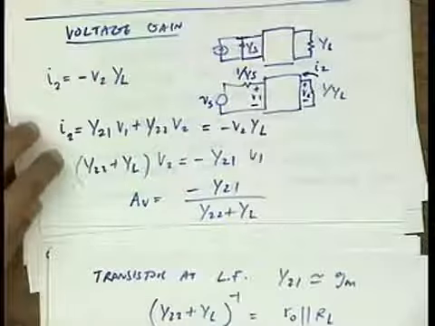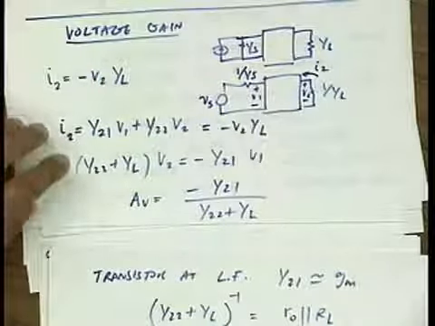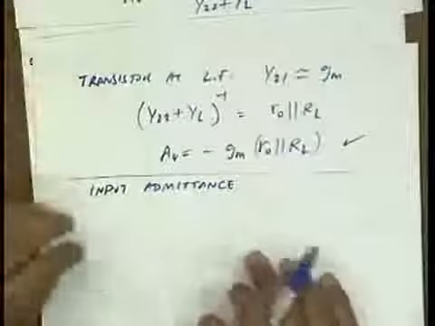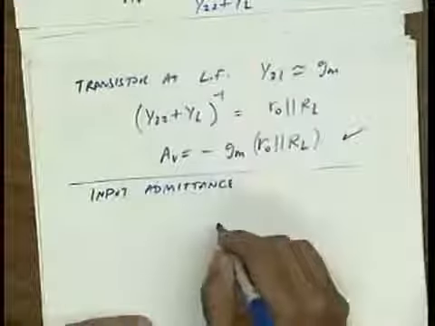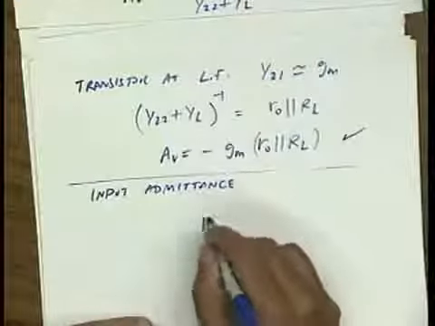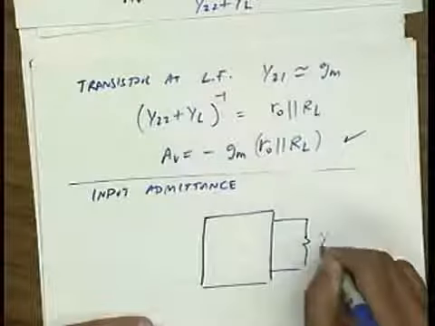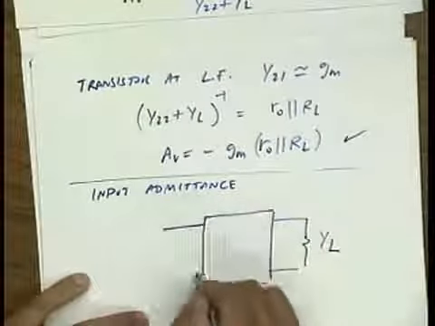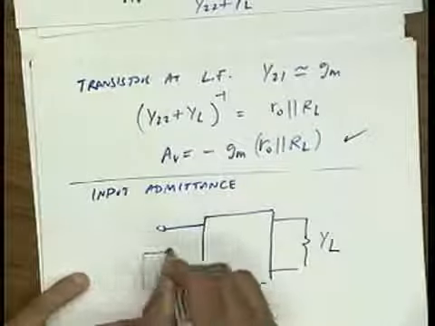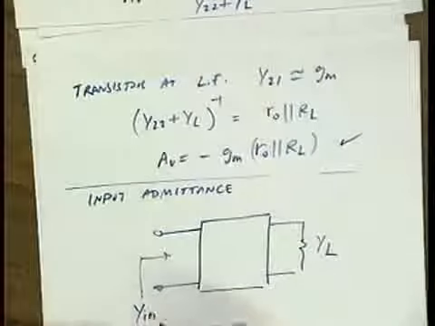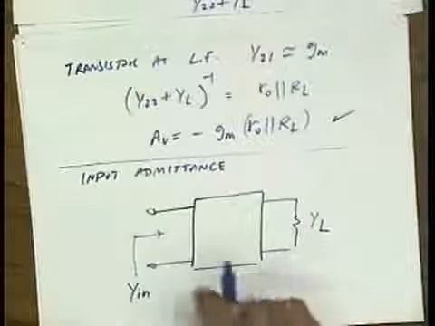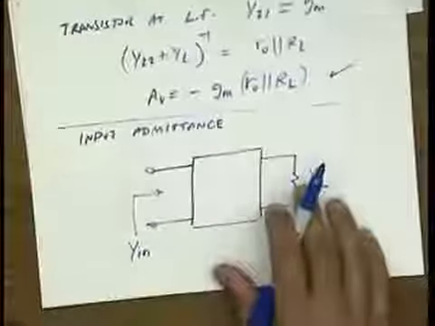Okay. Is it okay if I move it away now? All right. So how about the input impedance? This time I'll draw a better picture. I have YL here, and I simply want to know what Y in is. And this is an arbitrary two-port.